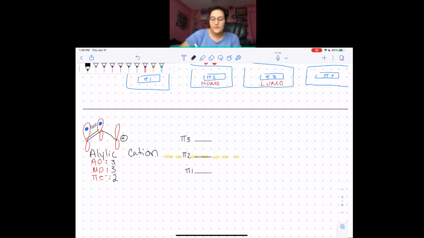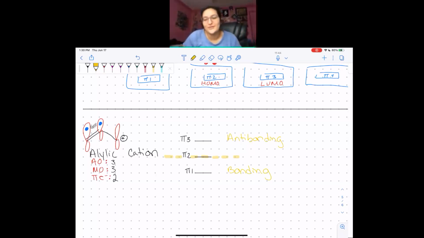So we know what's above the line is anti-bonding. We know what's below the line is bonding. So what happens when we have something on the line? What do you guys think?